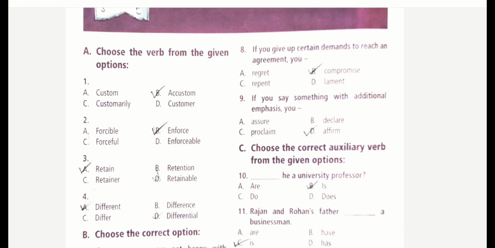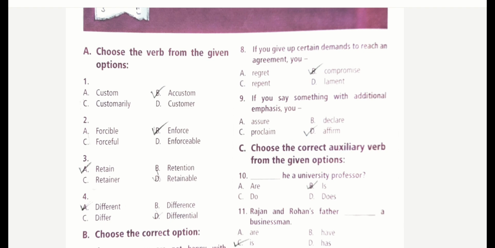It is a word used for work done with strength or intensity. So this word is an adjective. Enforceable means capable of being enforced or legally upheld. So this is an adjective. Among all the options, you have only one verb, which is enforce.